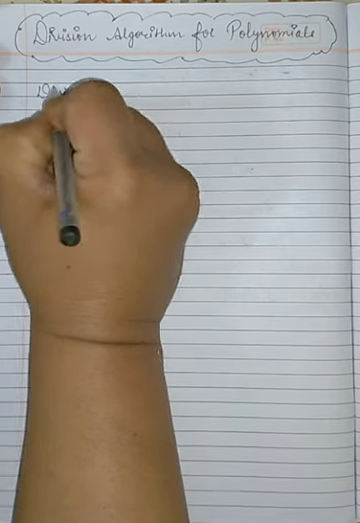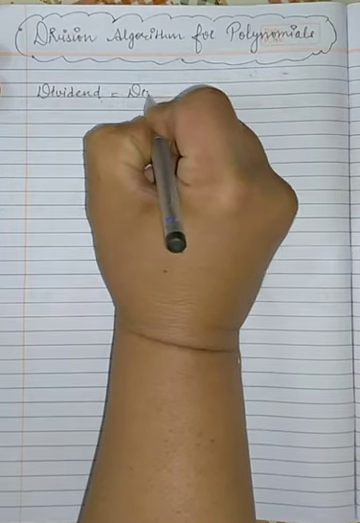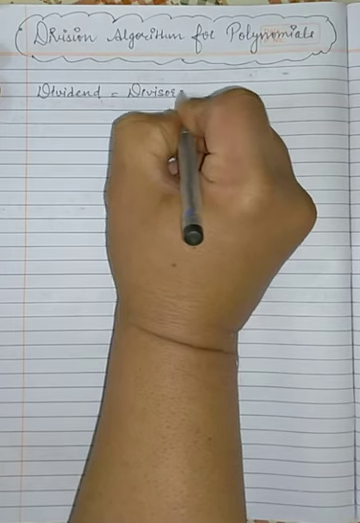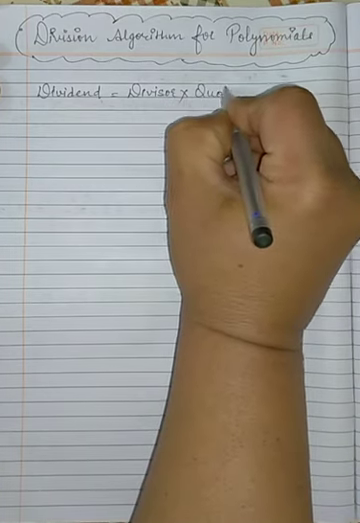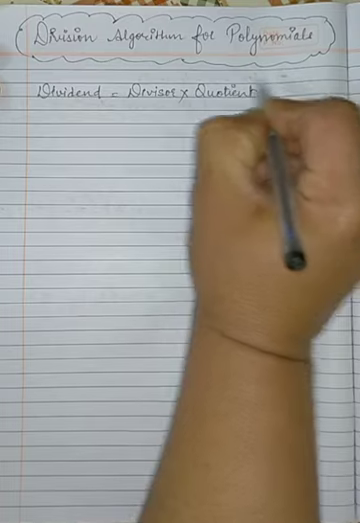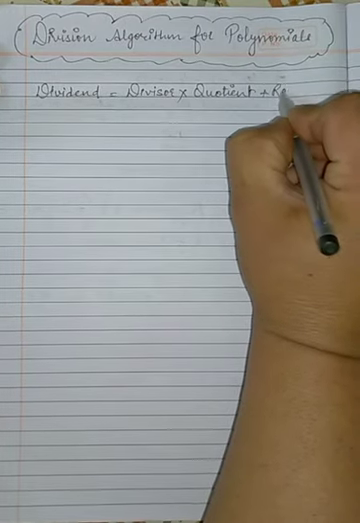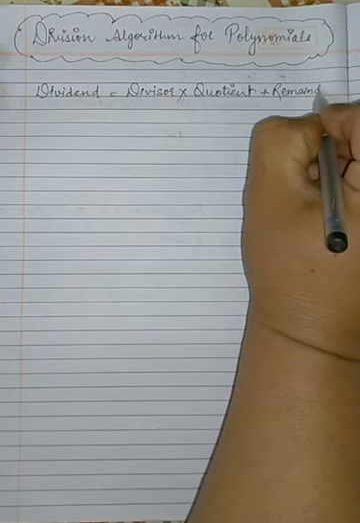the dividend is equal to divisor into quotient plus remainder.